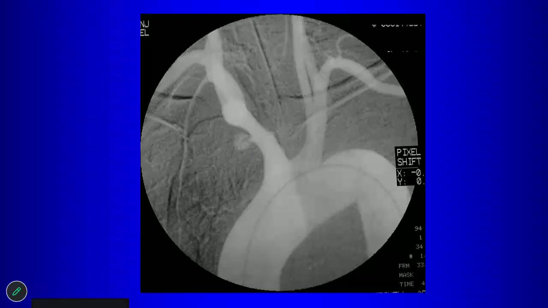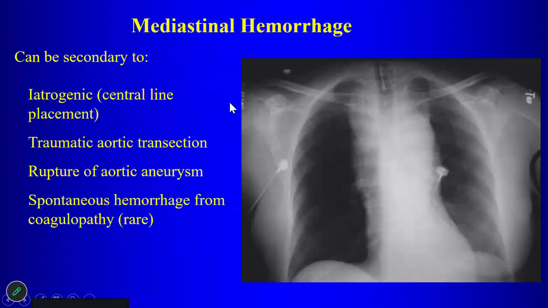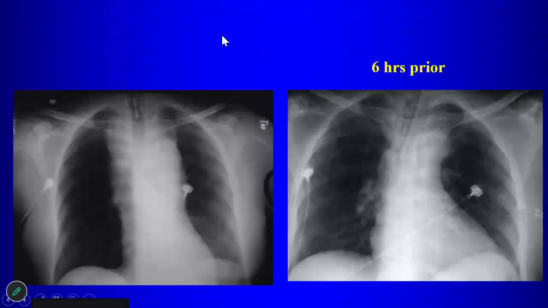So with acute widening of the mediastinum, you think about mediastinal hemorrhage. Of course it could be secondary to trauma if you see it in the emergency room after a motor vehicle accident. But if you come across acute widening of the mediastinum in an inpatient, ask about procedures, especially placement of central lines. Okay?